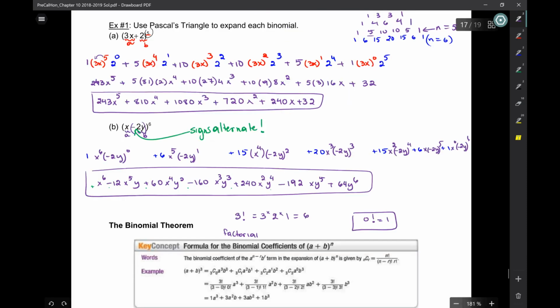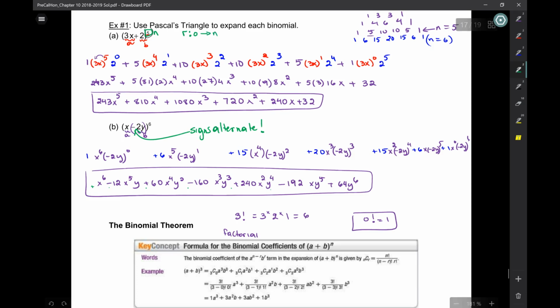So if you go up here for a minute, back to the first example we did, look at these exponents. So look at this one, that's n, right? Now, we have another counter, it's a variable, r. And what r does is r goes from 0 to n.